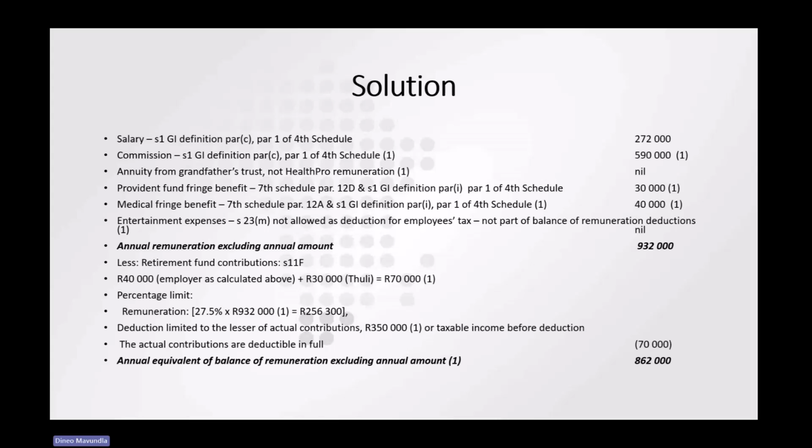Then the actual contribution would be less, so you would use the full 70,000 rand as the deduction. So here our annual equivalent of the balance of remuneration, excluding any annual amounts, would be 862,000 rand. Now we need to go and calculate the tax on this amount to see what our normal tax would have been for the amounts that we get on a monthly basis.